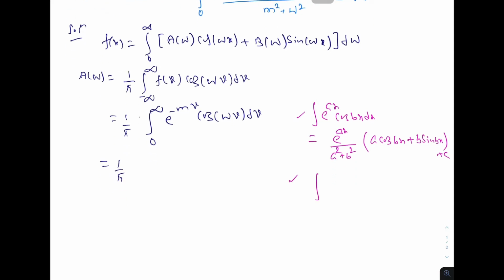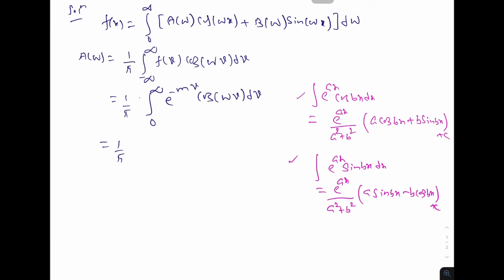If needed, we can use the formula integration e power ax sin bx, which is equal to e power ax over a square plus b square times (a sin bx minus b cos bx).